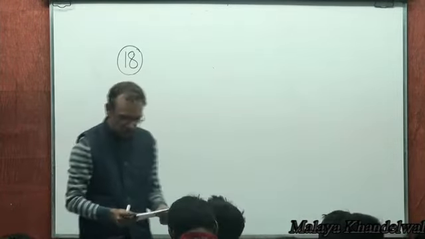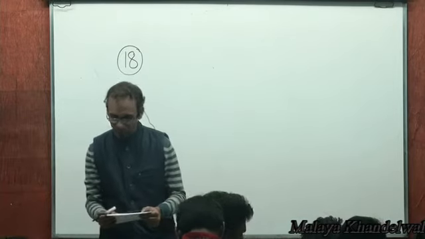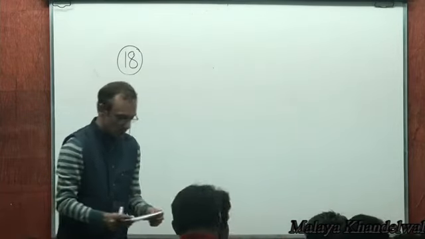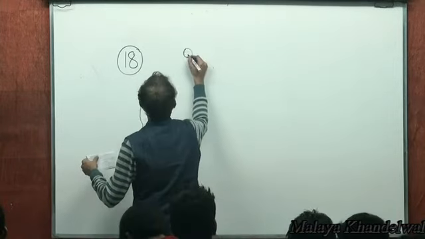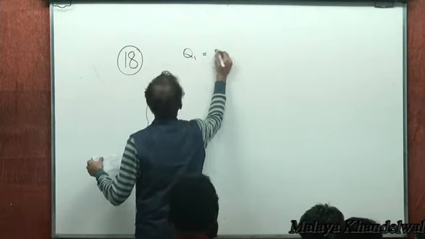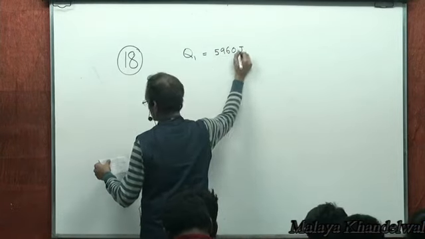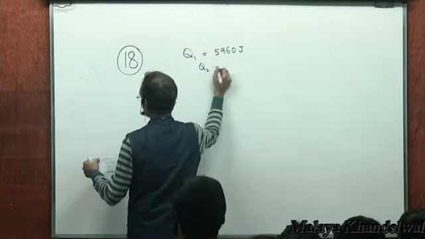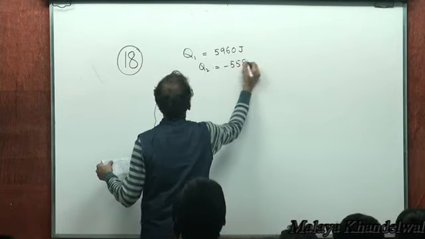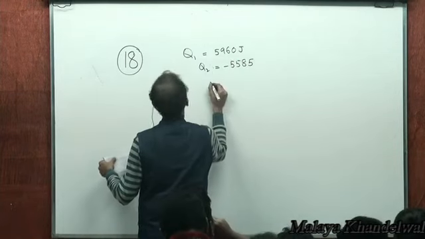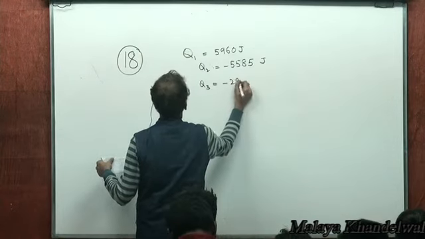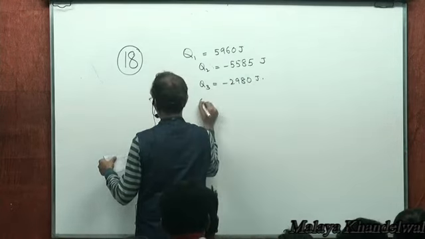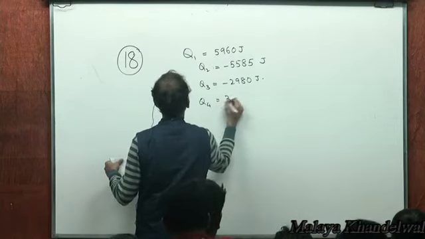An ideal gas is taken through a cyclic thermodynamic process through 4 steps. The amount of heat involved in the 4 steps are Q1 is 5960 joules, Q2 is minus 5585 joules, Q3 is minus 2980 joules, Q4 is 3645 joules.